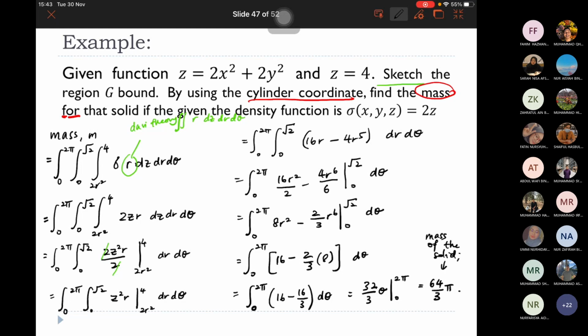Dah 64 per 3 pi. So yang dah cuba buat the next question.